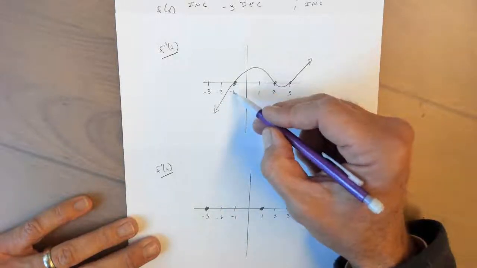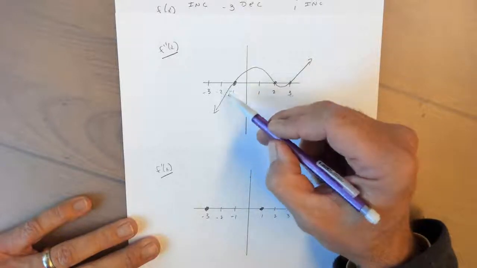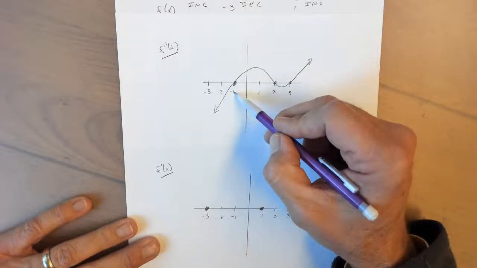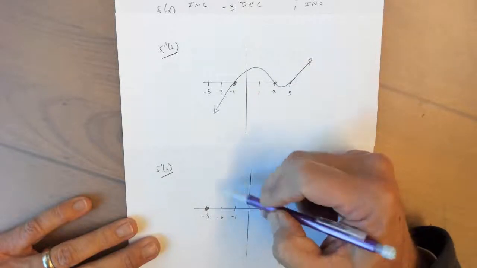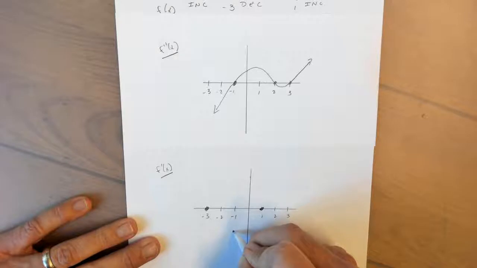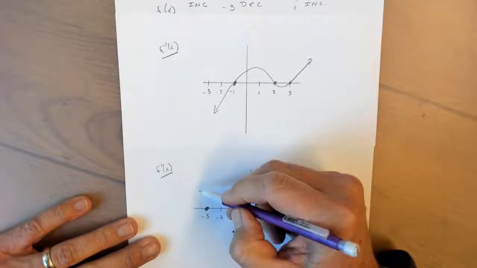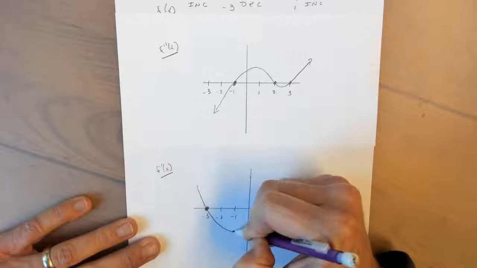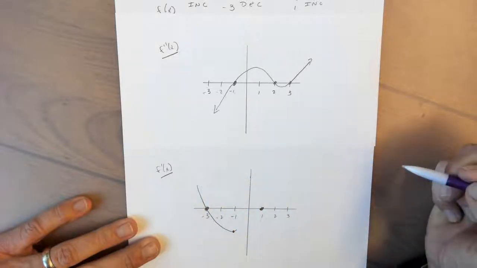So it decreases all the way to negative 1, and the second derivative changes from negative to positive at negative 1, which means the first derivative would change from decreasing to increasing. So somewhere down here, we don't know the exact y value, we will have a relative minimum for the first derivative.